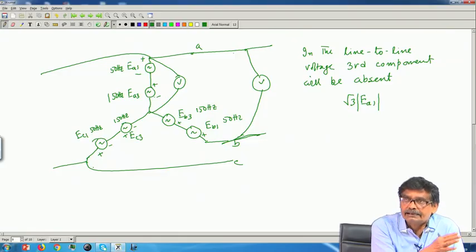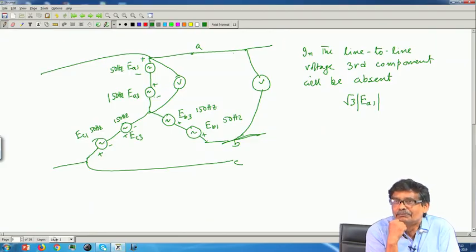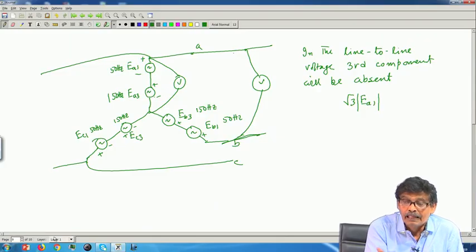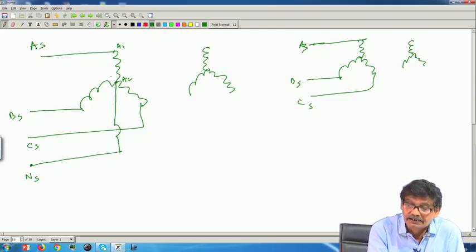It is matching that KVL is not disturbed so far as supply is concerned. Only thing is that V L L by root 3 as phase voltage you will never get, because in the primary coils also the fundamental and third harmonic will appear. Got the point?